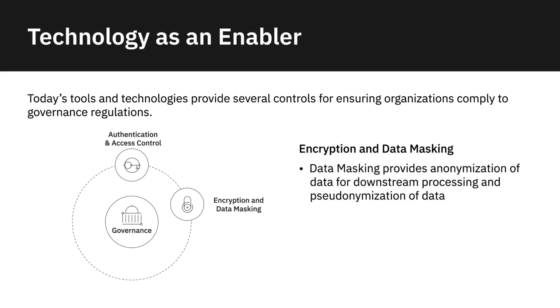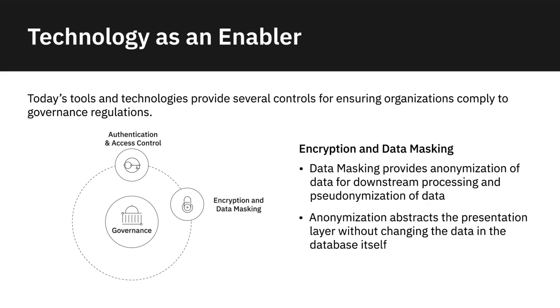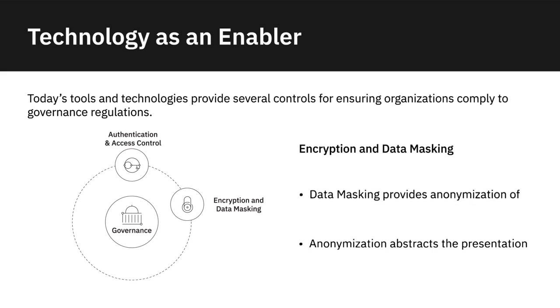Data masking provides anonymization of data for downstream processing and pseudonymization of data. Using anonymization, the presentation layer is abstracted without changing the data in the database itself. For example, replacing characters with symbols when they are displayed on the screen.